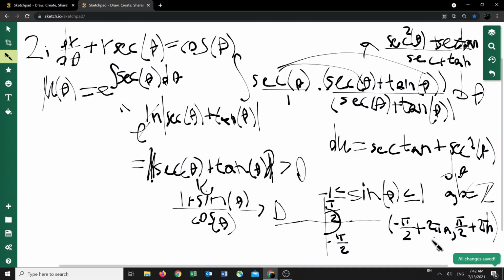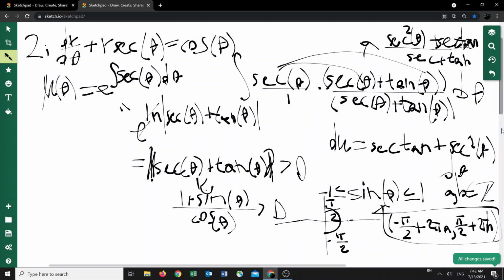But usually on an exam, it would just ask you to find one of these intervals. So we can simply take negative pi over 2 to pi over 2. But just for the sake of rigor, we can keep this entire interval. So this will actually be our interval of definition.